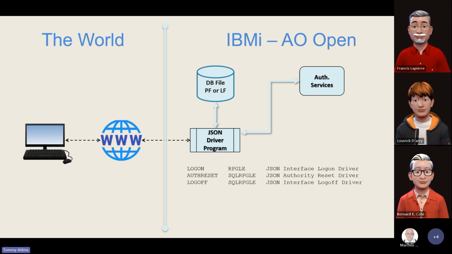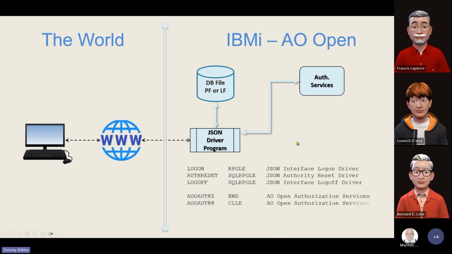And it is that token which has to be on all further communications with that particular client. So you can have multiple clients running through the same JSON driver, the same logon, but they will be receiving different tokens. Those are the auth services, which are contained in a service program that at the moment has only got one module.